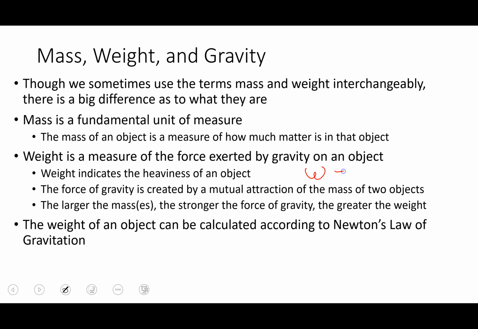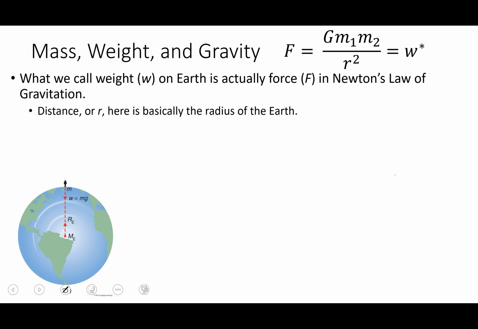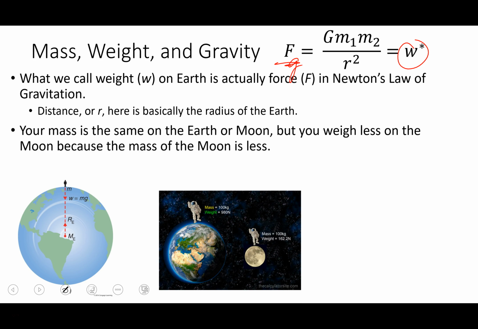Weight of an object, whether you're on the moon or the earth, is equal to the mass of that object times the acceleration due to gravity that object is feeling, which is different on the moon or on the earth. Weight is a force, so weight is equal to mass times gravity. This is Newton's force of gravity right there.